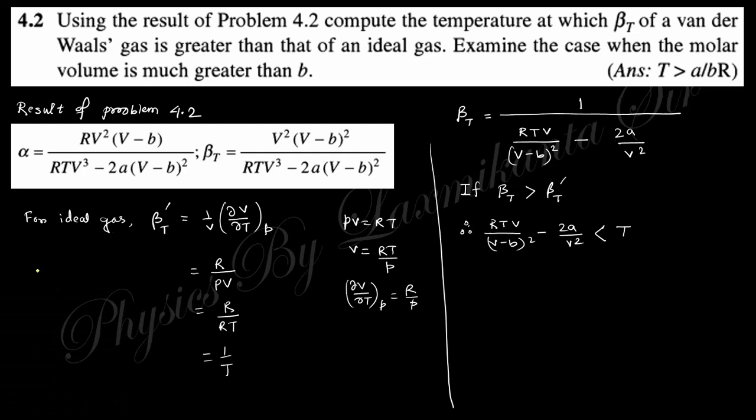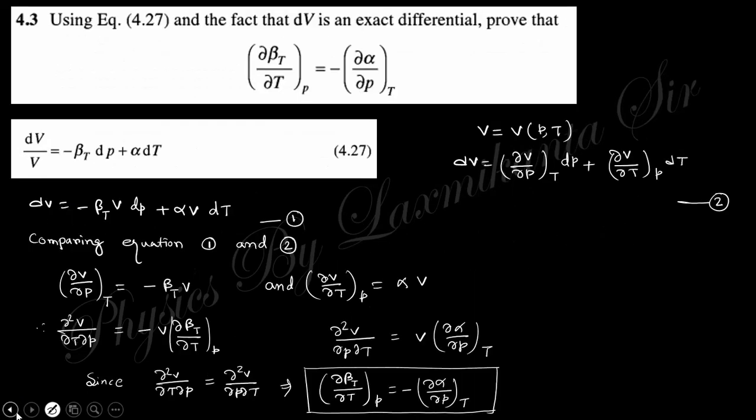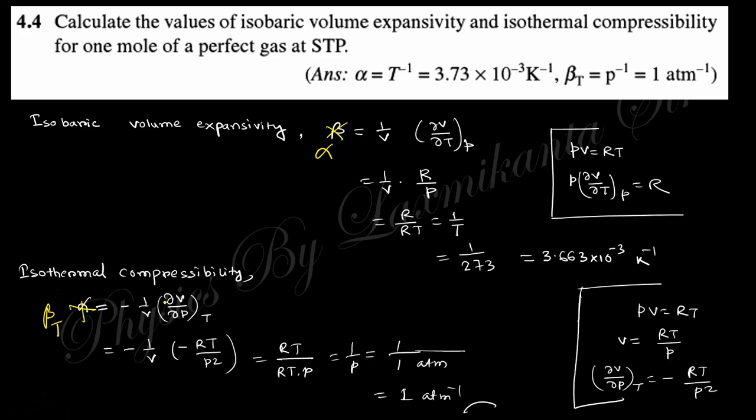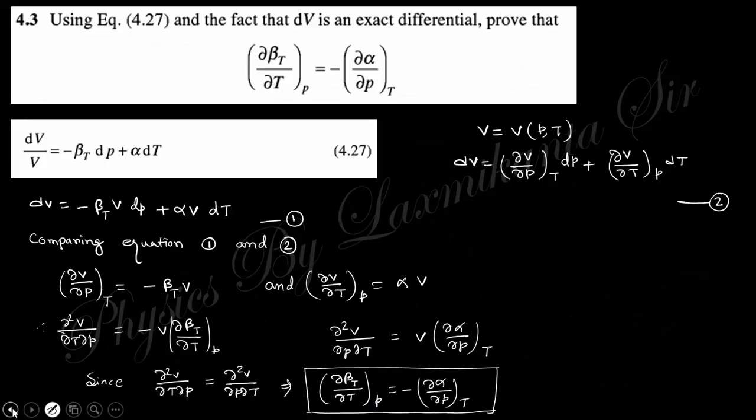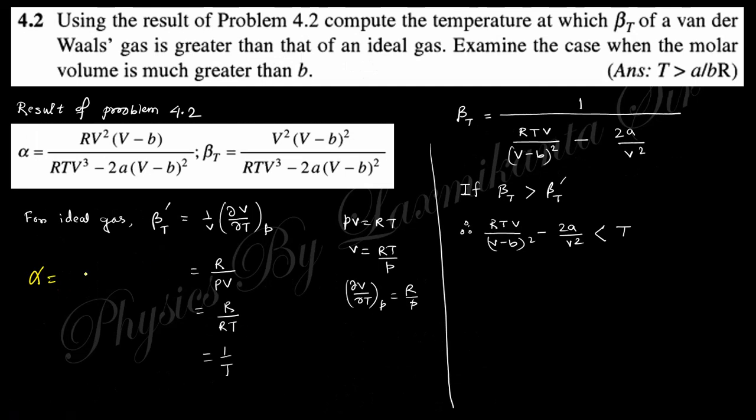So alpha is nothing but alpha. You can see here alpha is 1 by v del v by del t, that is 1 by t. So this is alpha, this is 1 by t, that is no problem, alpha prime you can see.